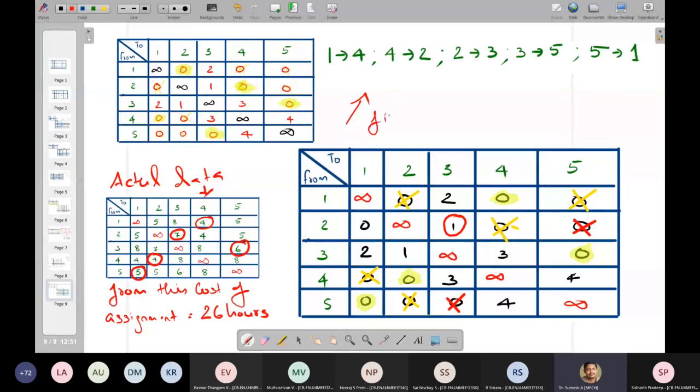Okay, so this is what I got as an assignment. This is the assignment model. So that is not satisfying my traveling salesman condition.